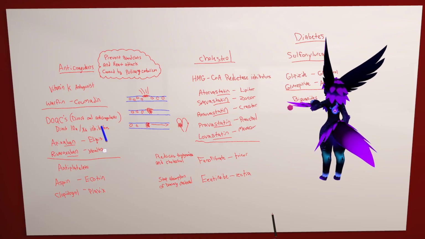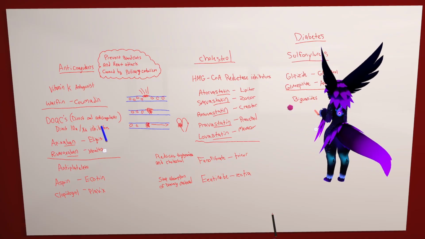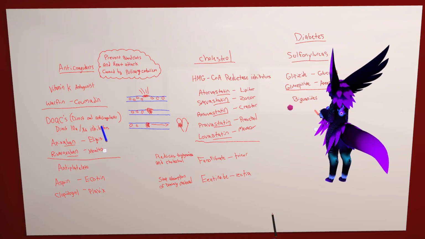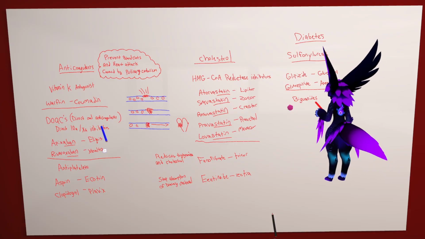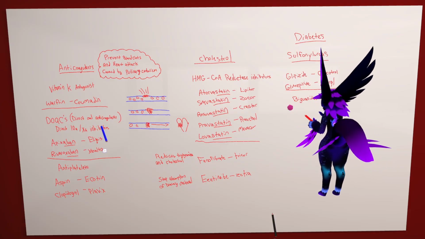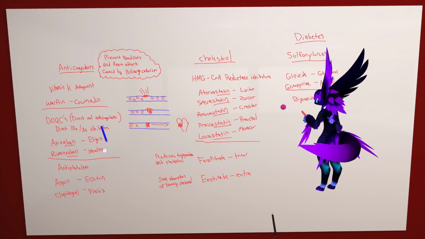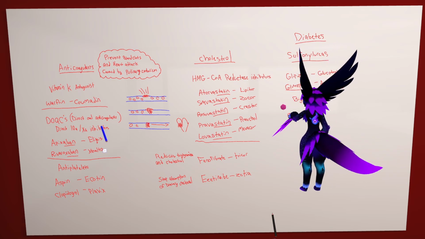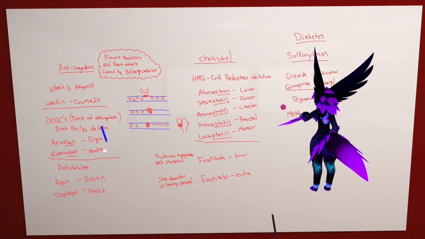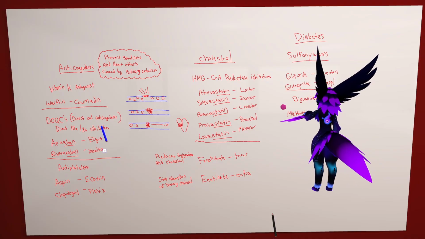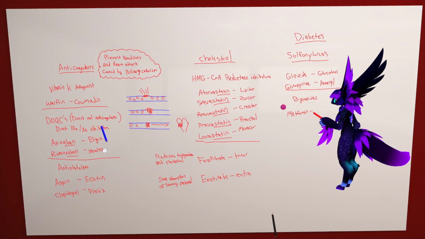So the biguanides work in the body by reducing the amount of sugar produced by the liver and also reducing the amount of sugar absorbed in the intestines. So it just reduces sugar in the body, which also increases insulin sensitivity. The one that does that would be metformin. Very, very popular diabetes drug.